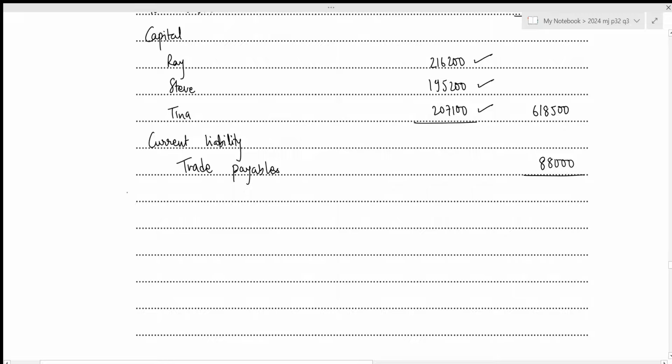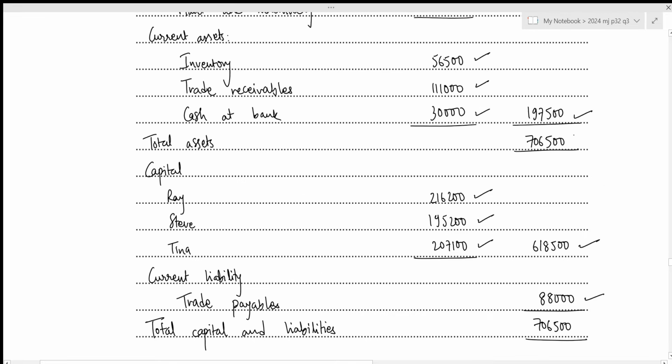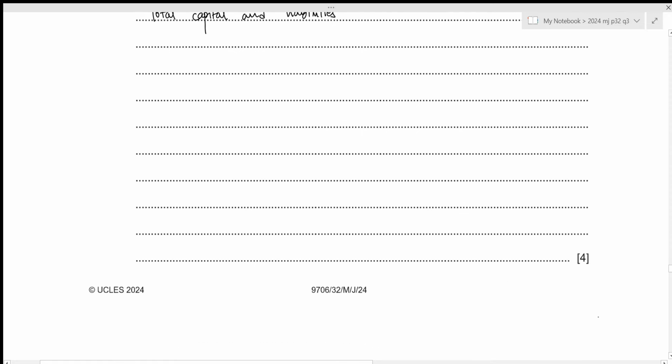Now we can calculate the total capital and liabilities. That will be 618,500 plus 88,000, which results in 706,500. In this case, we can see that the total asset value is equal to the total capital and liabilities, which means that our statement of financial position is correct. That is all for this part. Let's move towards the next one.